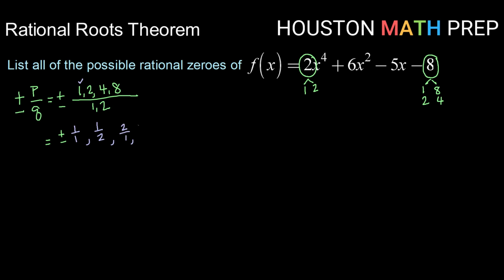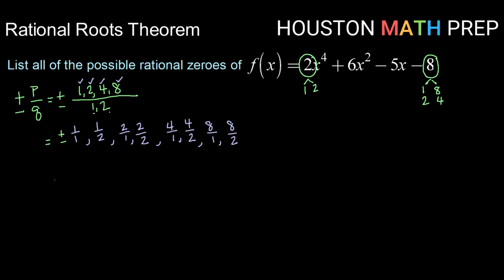That's 2 over 1 and 2 over 2. So that takes care of 2. Do the same thing with 4. 4 over 1 and 4 over 2. And then finally 8 over 1 and 8 over 2. So each value in the numerator gets paired with each denominator.